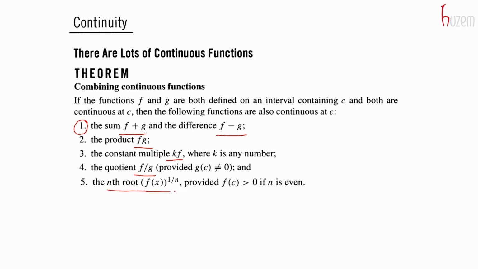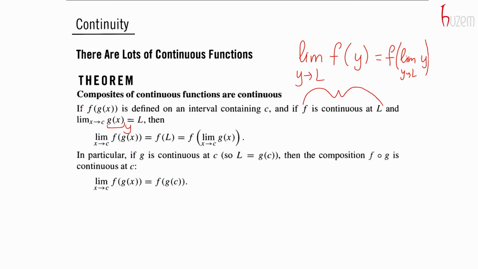Nth root of f, or f to the power 1 over n, is continuous, provided that f(c) is positive when n is even, and there is no such condition when n is odd. So another way to obtain continuous function is to compose two continuous functions.